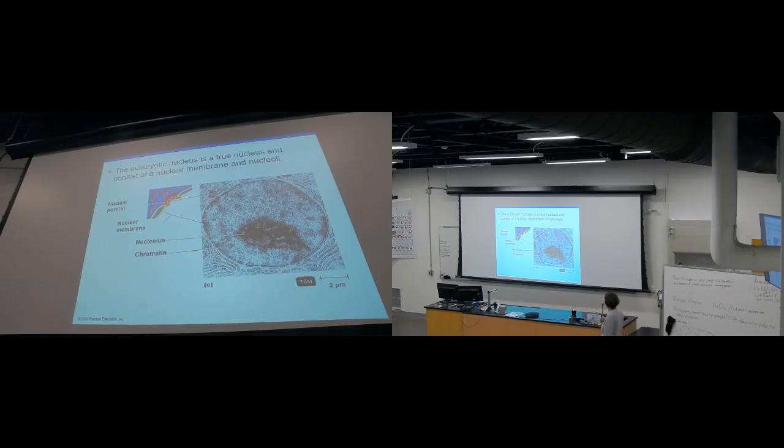So here is a magnification of this nucleus. You have a double nuclear membrane with pores, which are this, and then you have the nucleolus, and the chromosomes are found within the nucleoplasm, and this is called the chromatin.